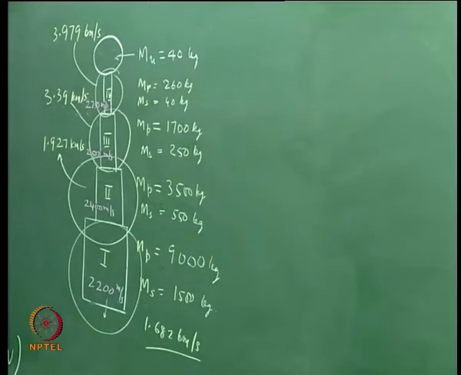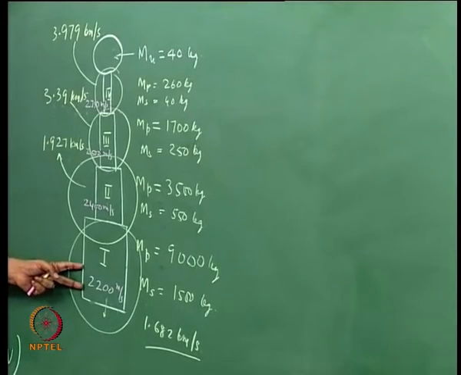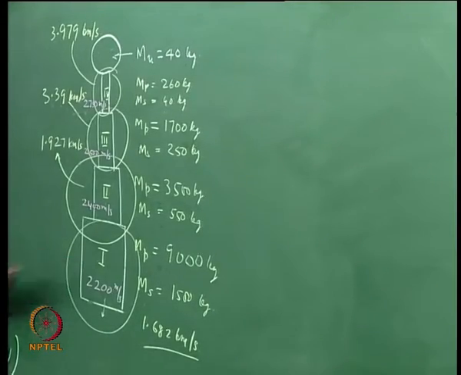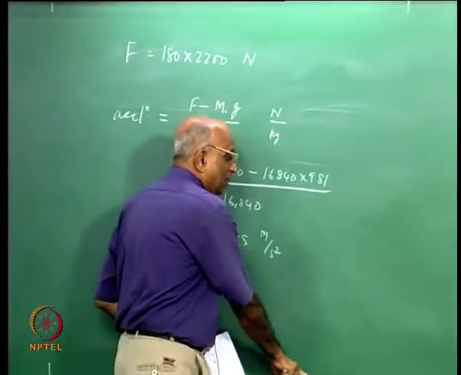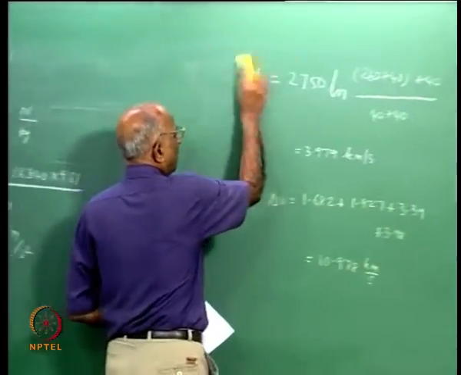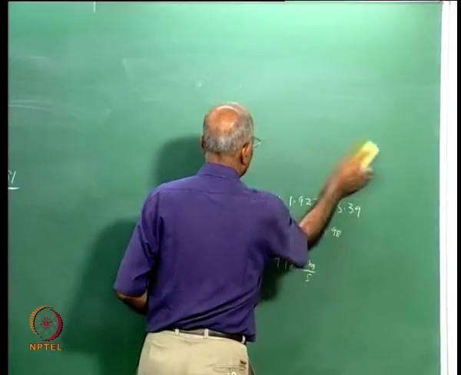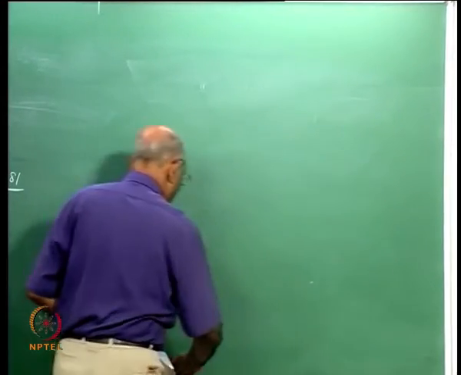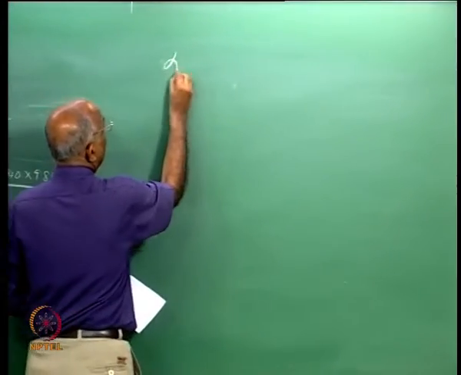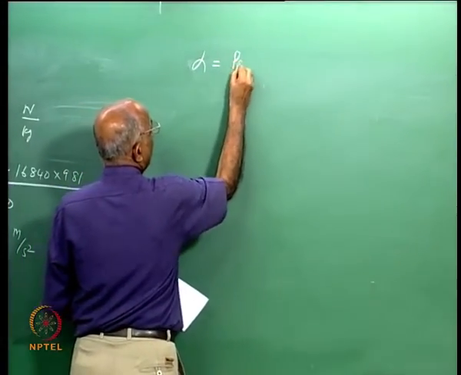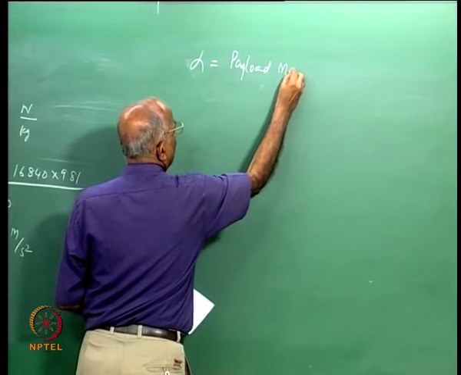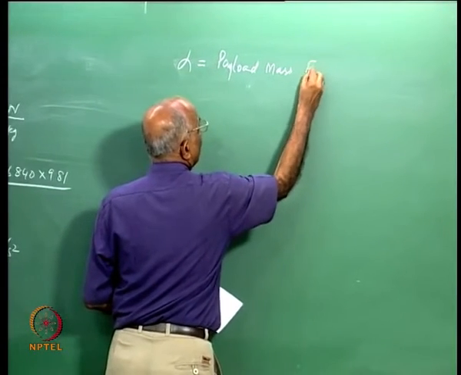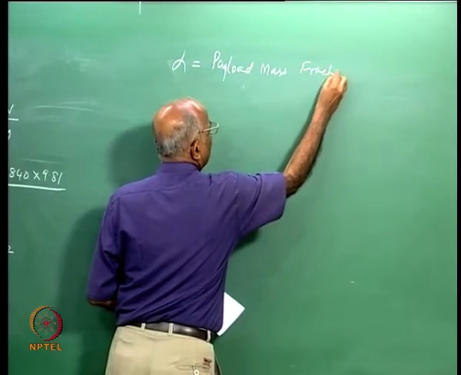The last thing I would like to know: we determined a lot of things. Supposing I were to ask you, what is the payload mass fraction of this vehicle? Let us say what is the value of alpha, which we said is the payload mass fraction.